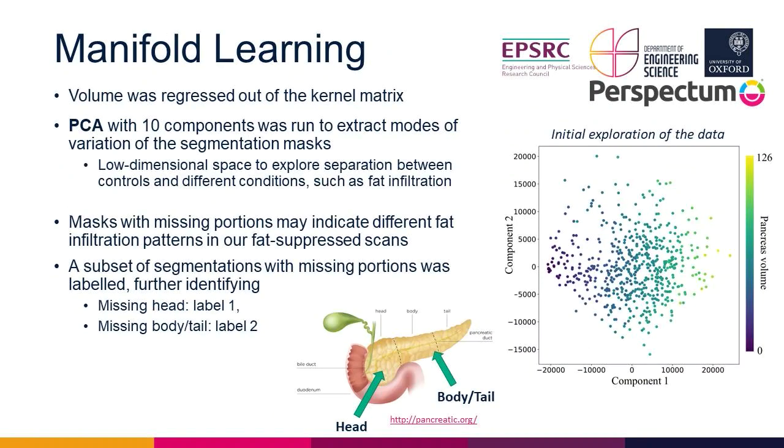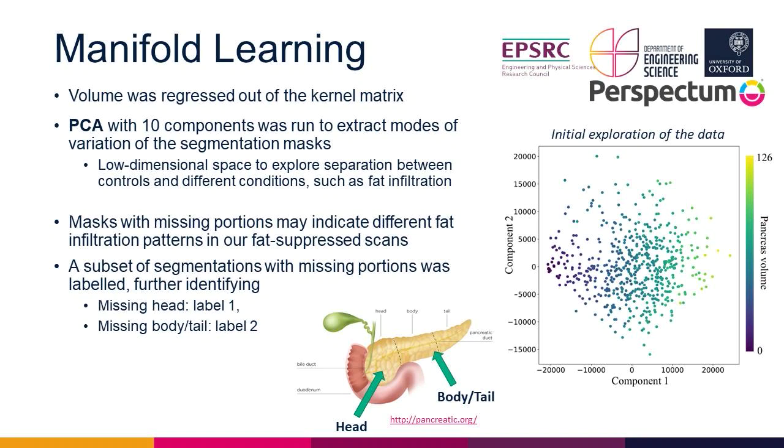We saw during some initial exploration of our kernel matrix that pancreas volume was a strong component of our data, so we regressed it out in order to obtain a volume invariant kernel matrix. We ran PCA with 10 components on the updated kernel matrix to extract modes of variation of the segmentation masks.